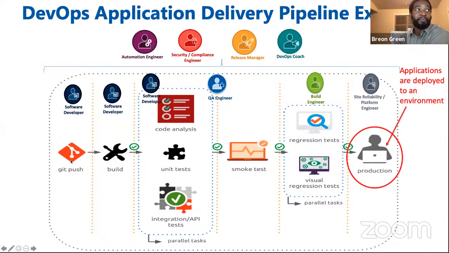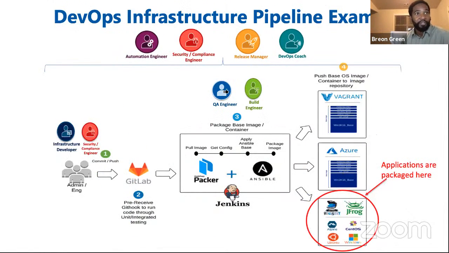So a developer would essentially push some code or some changes, a feature or bug fix, and then that software goes through a build process, which involves testing and possibly deploying a performance test through some lower environment, and then moving it on to production. This is an example of application delivery, but the same can be applied to infrastructure delivery as well.